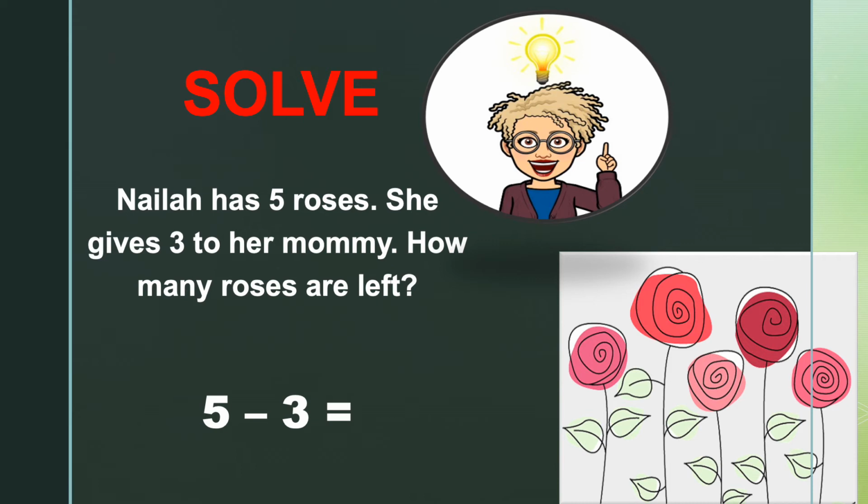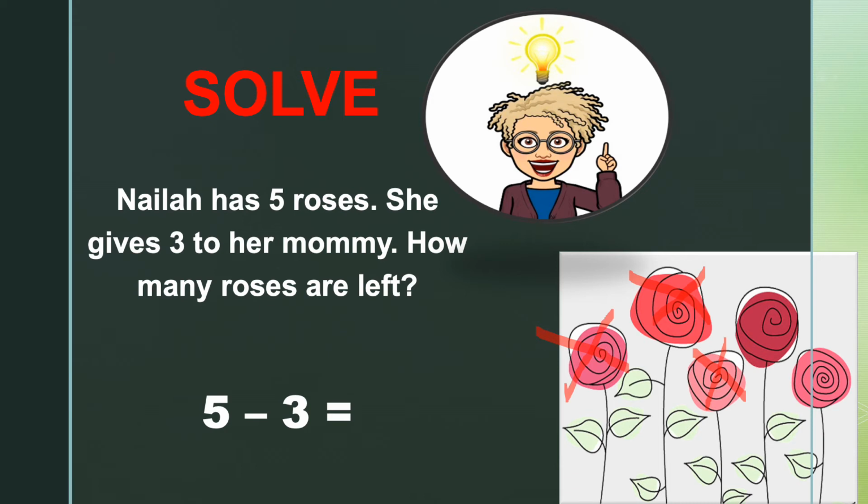Here's our drawing. We have 1, 2, 3, 4, 5 roses. Nyla is going to give her mommy 3 of them. So our job is to draw 1, 2, 3 X's, which shows us that we are taking them away.